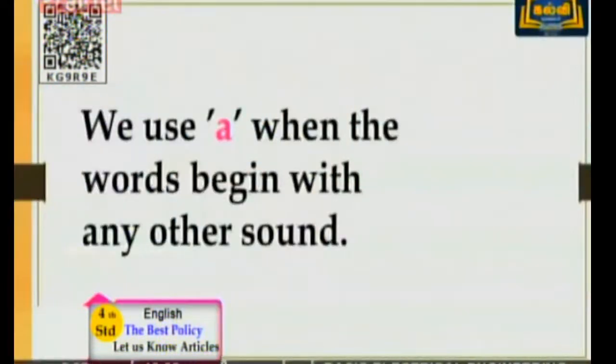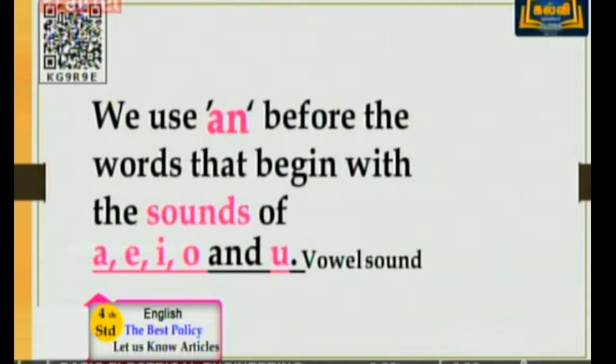So dear children, I think you all might have understood the usage of the articles a, an and the. Where should we use the article a? The article a is used before the other sounds like b, g, like that. But an is used before the words that start with the sounds of a, e, i, o and u.